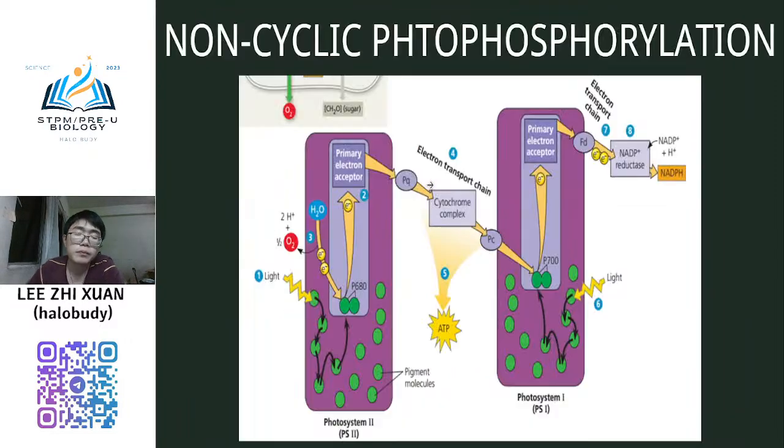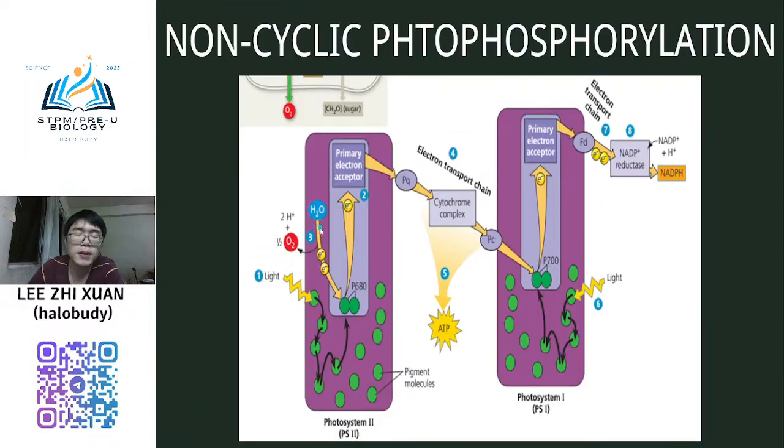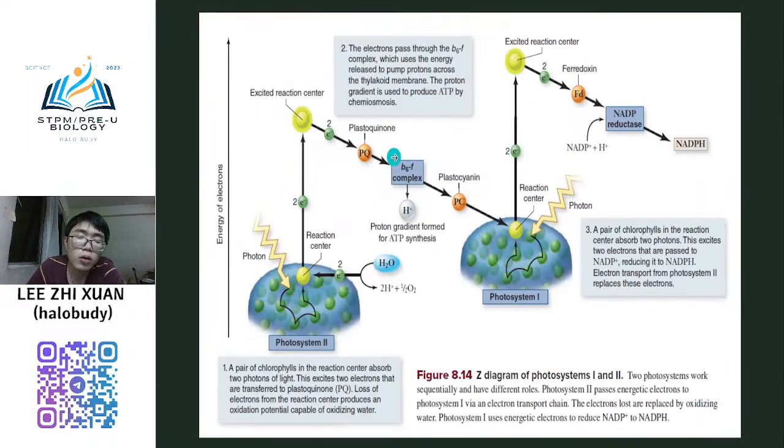Actually, this one is the same as what I mentioned. The image is the same as before, but with more detail. You will see here there are the electron carriers. Excited reaction center, and there are many carriers here.